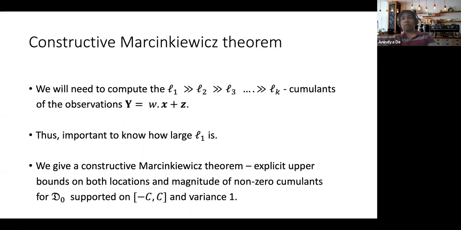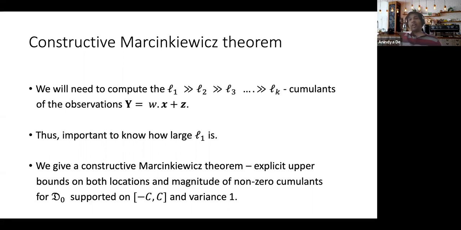So we get some explicit bounds provided D naught is compactly supported, and that's the tower of exponentials we get. Otherwise, our bound is defined by how much, what's the sample complexity? Well, it depends on where the first non-zero cumulant is located, and then after the first location, if you add 100 more, where is the next one located?